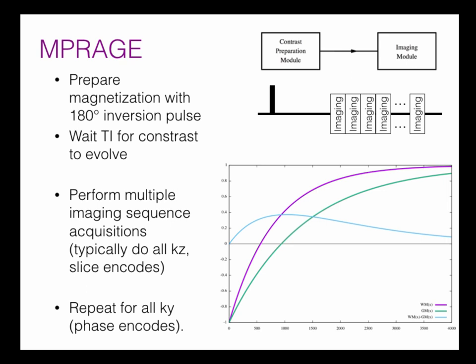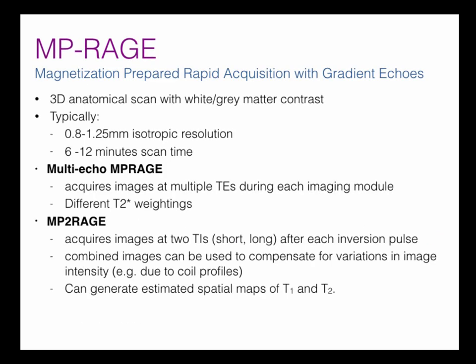This is typically a 3D sequence, so we'll do all the slice direction image lines, and then repeat this for each Y line. The whole thing takes about 5 minutes, but you end up with rather exquisite grey matter, white matter contrast. This MP-RAGE sequence is a mainstay of anatomical imaging for neuroimaging.